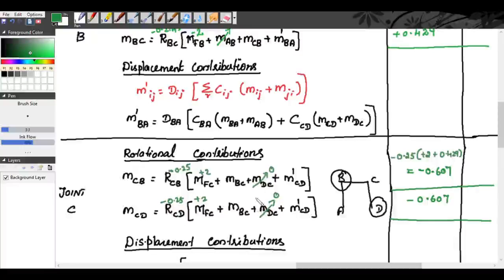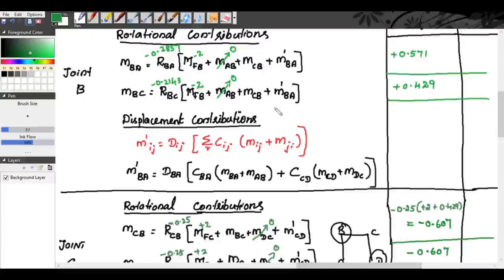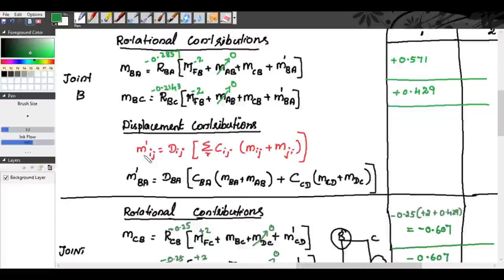Now we will move on to displacement contributions. So the displacement contribution formula is M dash of Ij for vertical loadings and columns with different heights is Dij into sigma of Cij into Mij plus Mji. So first of all, for the joint B, we have the column BA. So M dash of BA is equal to DBA into the summation of this, right? So Ij is BA.